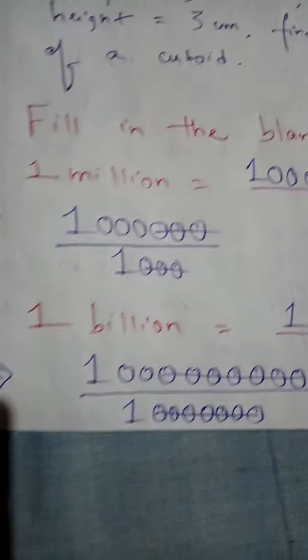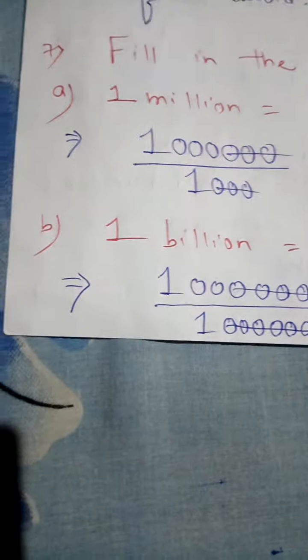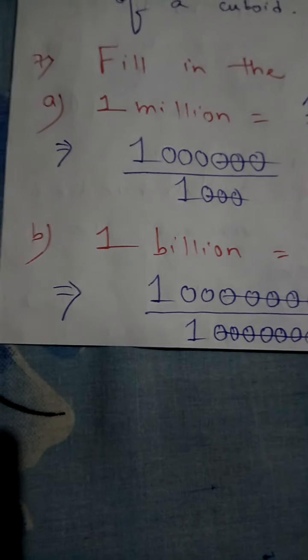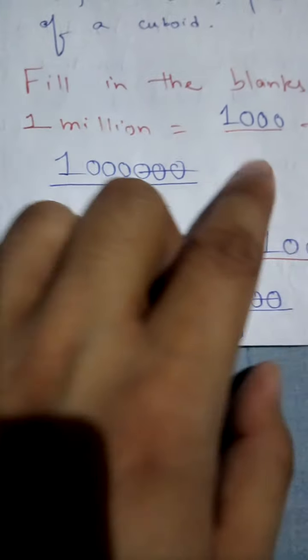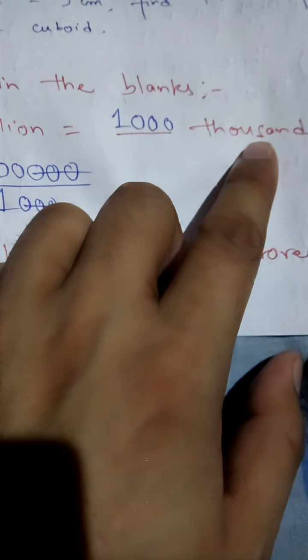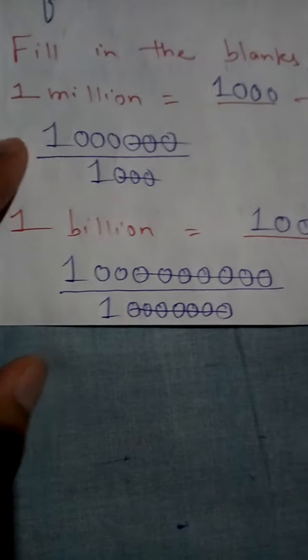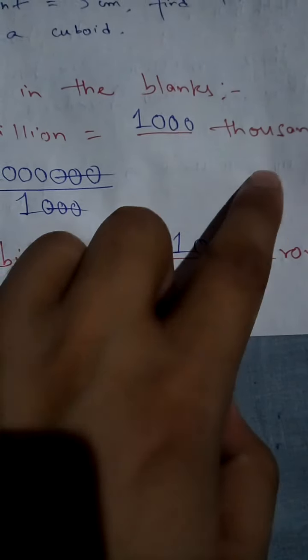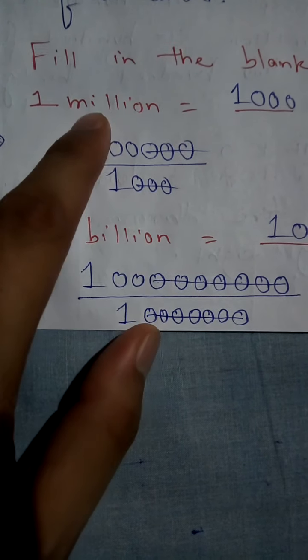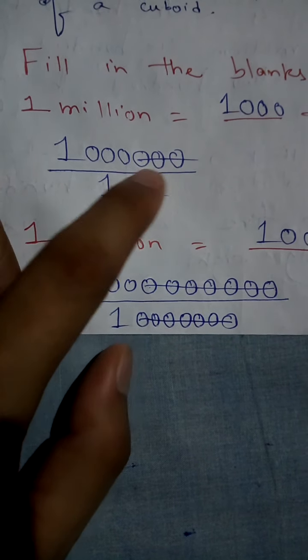And this is the last question, question number 7. Fill in the blanks, and this is very important, as I told you earlier. The first question is 1 million equals to dash thousand. What is the technique? First, you have to write 1 million.